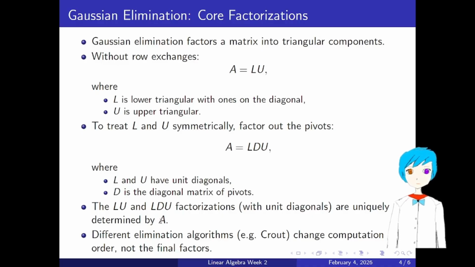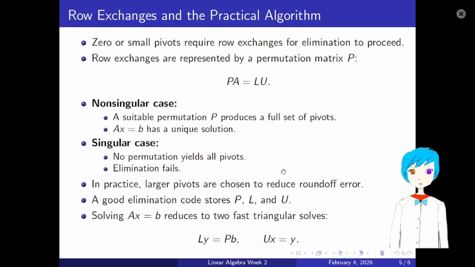When we learn matrix inverses, we'll show an elegant way of proving this property. Different elimination algorithms would change computation order, but the final factors of the LU factorization are unique.